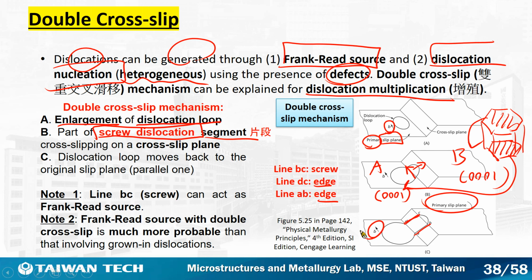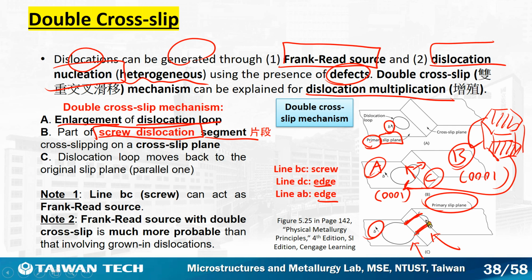So this one, it must be the edge dislocation, not the screw dislocation. And because these two are edge dislocations, this is not the slip plane for the edge dislocation. The primary slip plane for the edge dislocation is this one. So an edge dislocation can move on A and B, not on this one, C. So these two lines will be fixed.